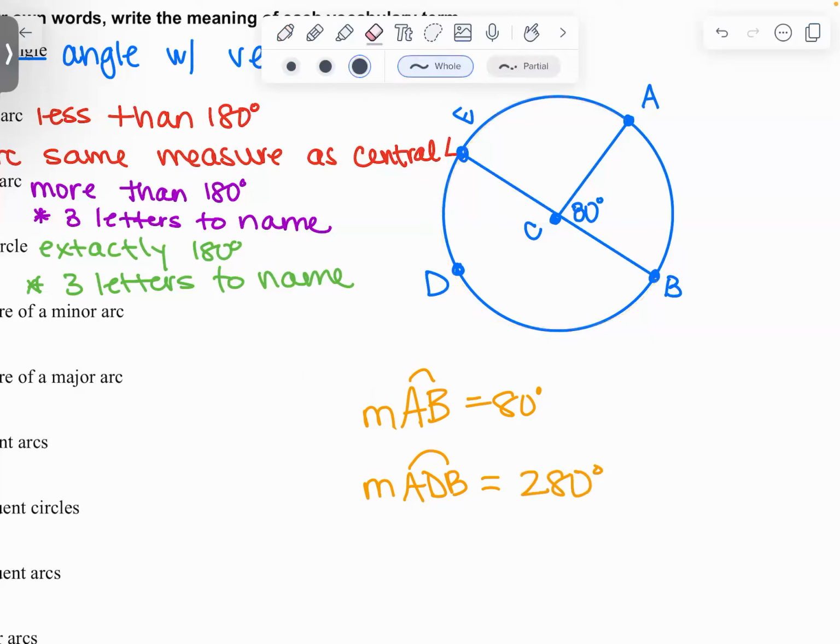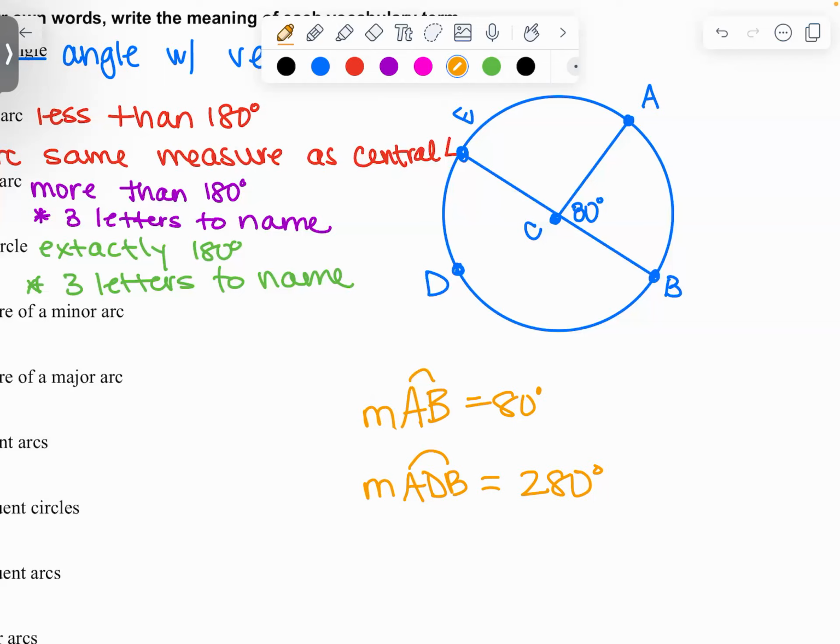Why did she use the number 360? Because a full circle is 360. Why did she minus 80? Because the central angle is 80 degrees and we had all of the rest.